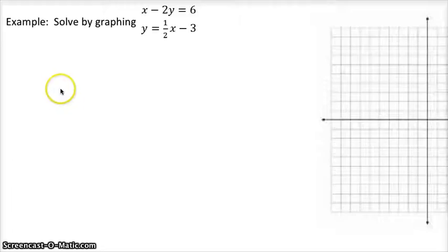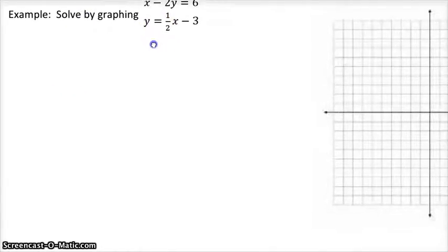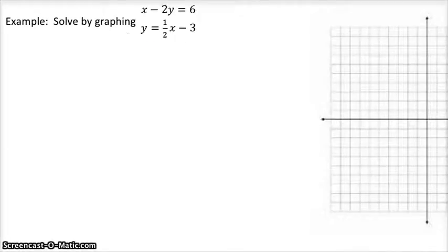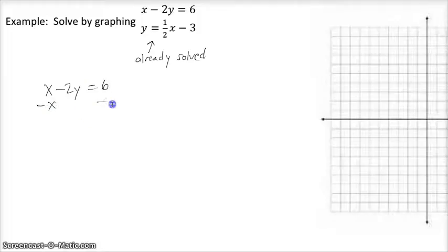Now for this next one, we have it nice and set up for one of the lines. This is already solved. So we have one of these already solved for us. So that's nice. So now I just got to deal with the second one, which is actually the first equation. So I'm going to subtract x. So I get negative 2y equals negative x plus 6.